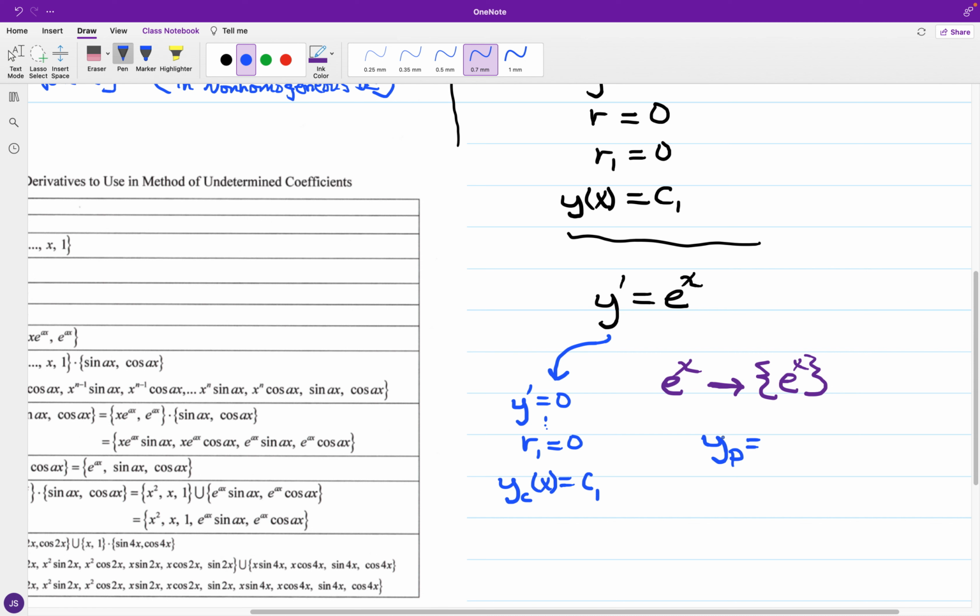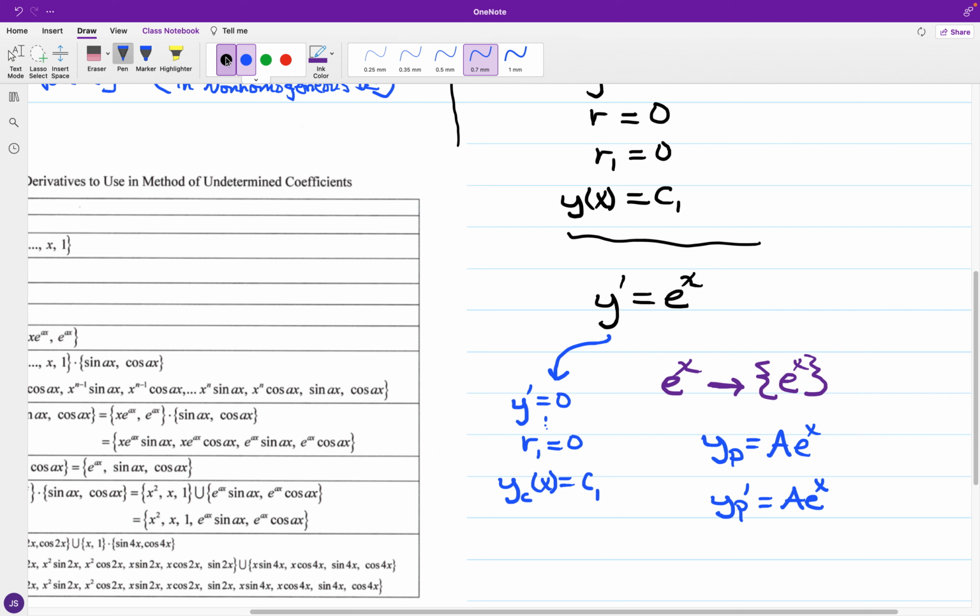We say that y sub p is equal to a times e to the x. If I take the derivative of this, y sub p prime is equal to a times e to the x.